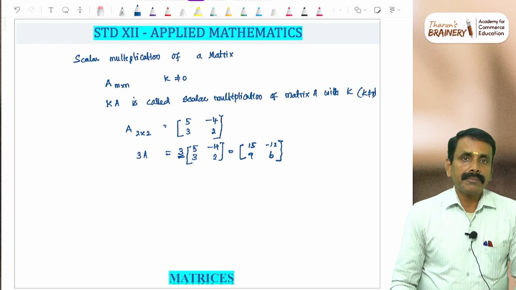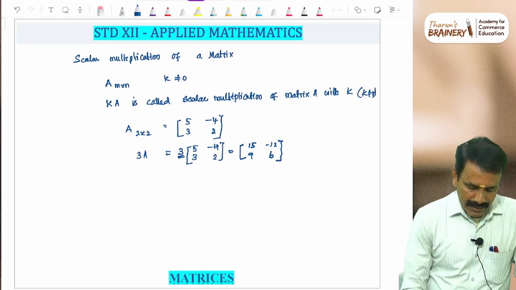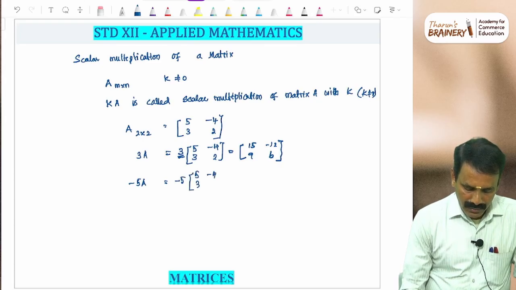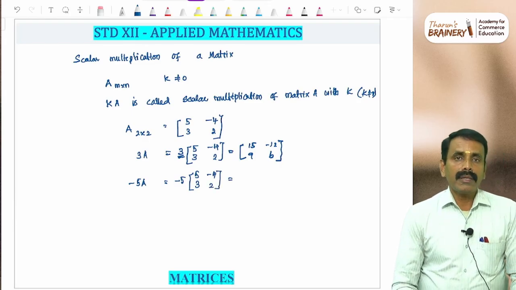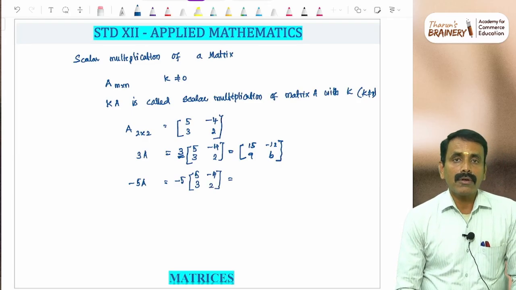Can I multiply with a negative number? Yes, of course we can multiply. Minus 5A will be equal to minus 5 into the matrix 5, minus 4, 3, 2. How to multiply? Multiply that non-zero number with all the elements of the matrix.